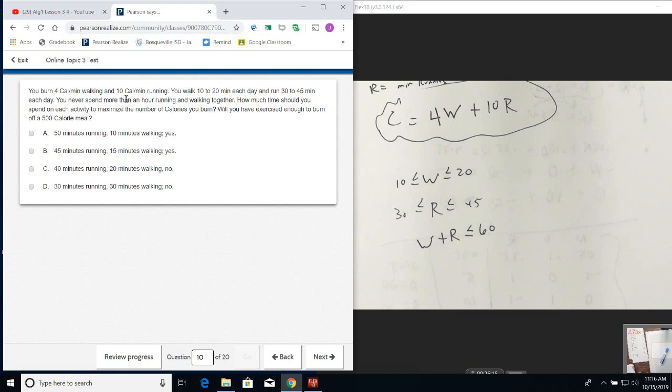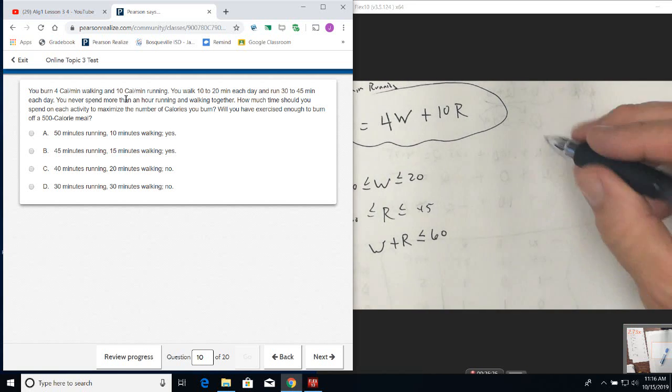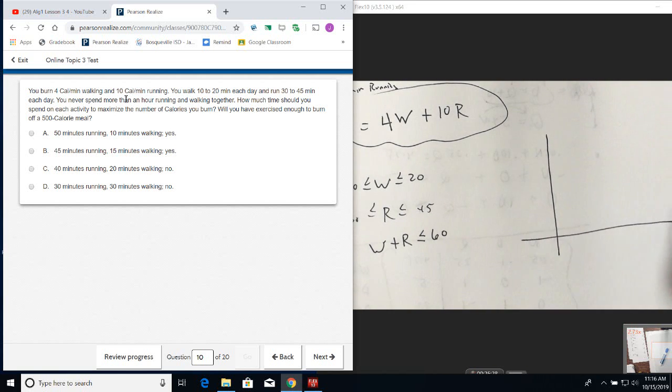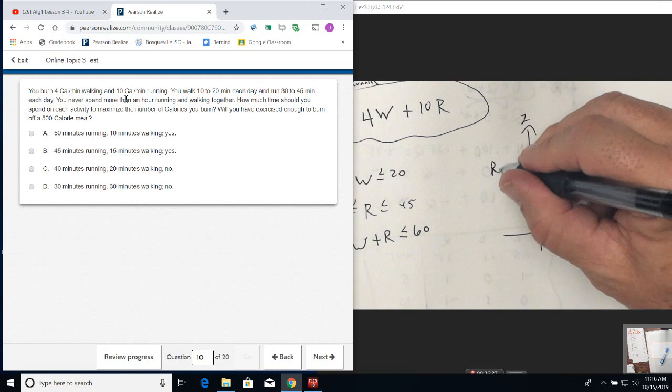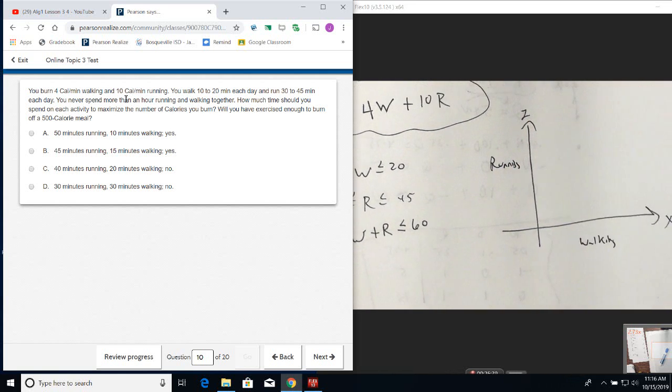So it said, how much time should you spend on each activity to maximize the number of calories you burn, to maximize this function, in other words. And then answer the next question, will you have exercised enough to burn 500 calories? So let's graph our constraints. First of all, the time that I spend walking, let's call that the x-axis, and the time that I spent running, we'll call that the y-axis, has to be positive, right?